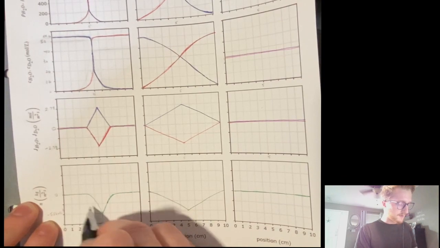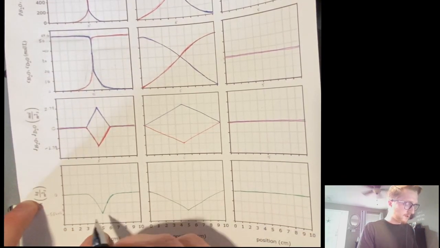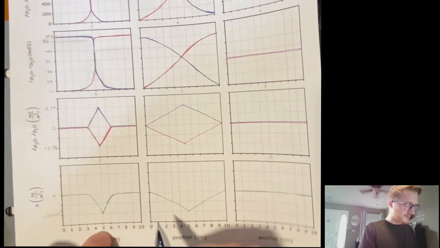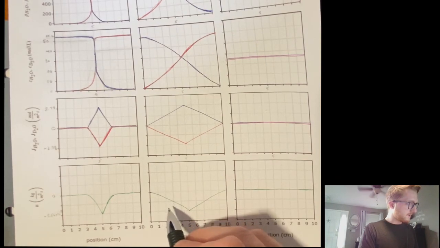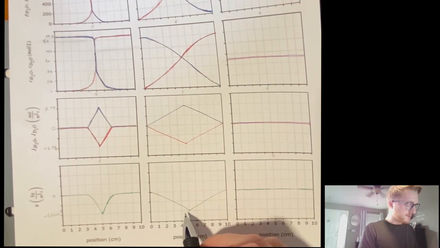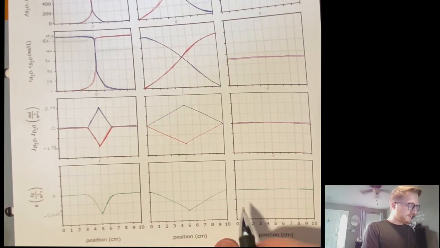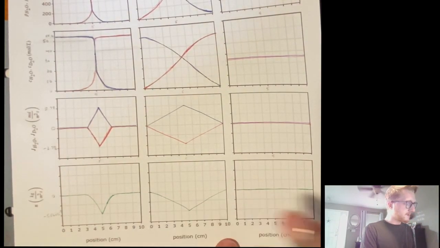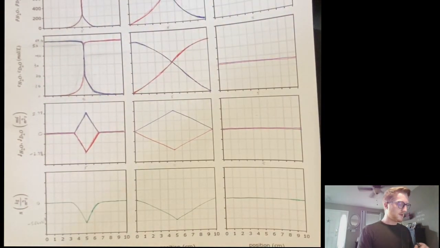So that's going to be a very steep slope to that point in the middle where the mass flux is the highest. Then in the intermediate, there's going to be a very gradual slope of the mass flux throughout the tube. And finally, you're going to have no mass flux throughout the entire capillary because, like I said, there's no diffusion or flux movement between component 1 into 2 or 2 into 1.